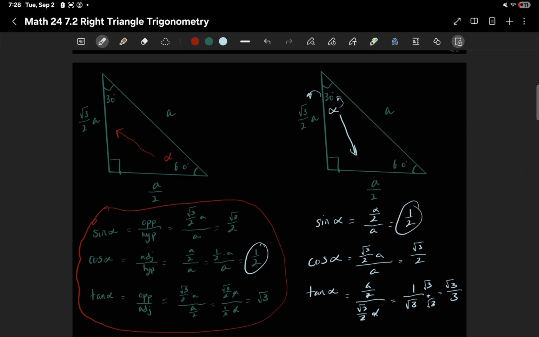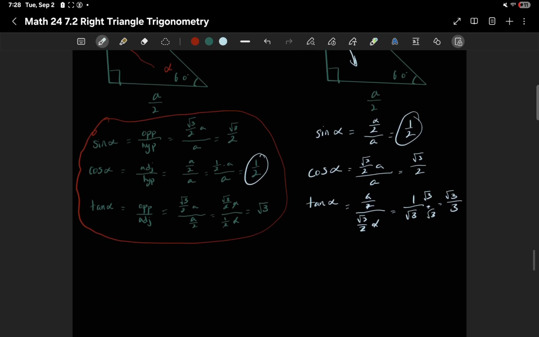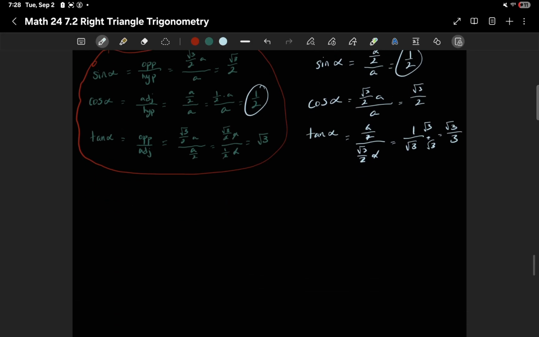So you may notice that it really just depends on which angle you call alpha. And we'll come back to this when we fully build the unit circle in the next section.